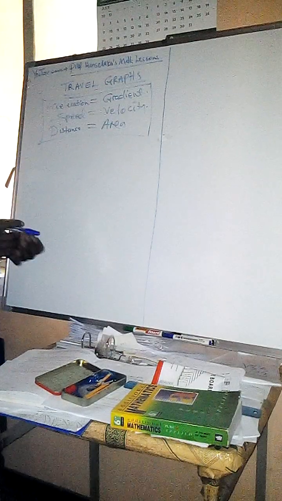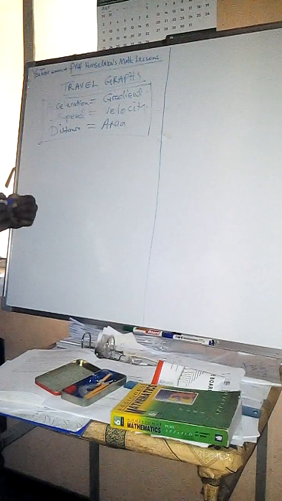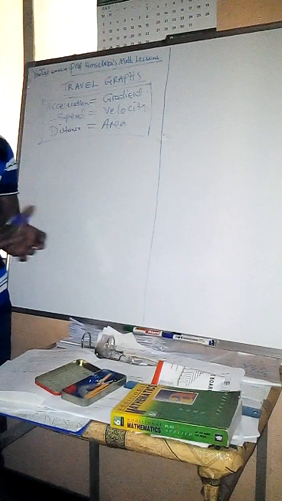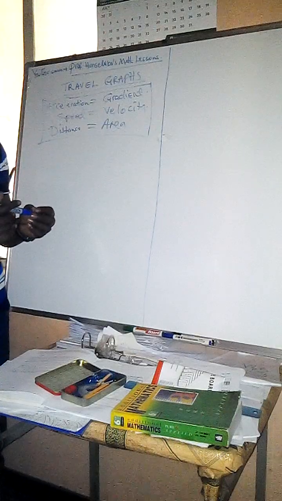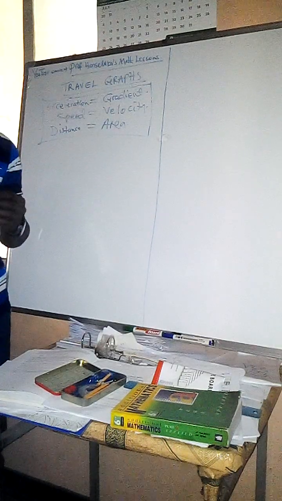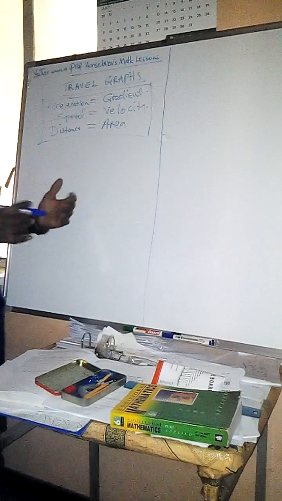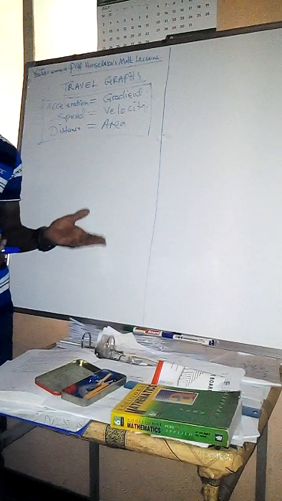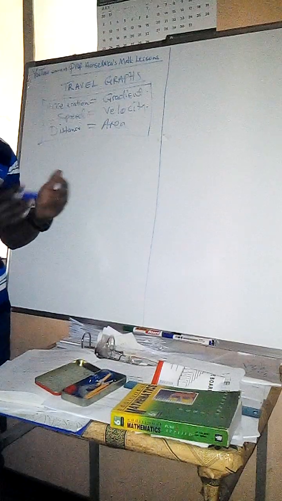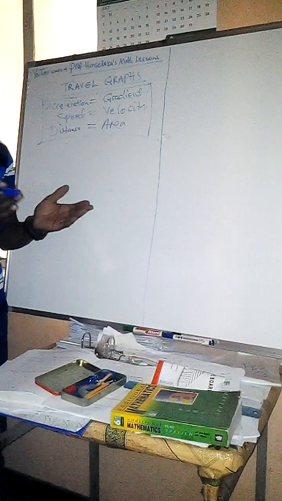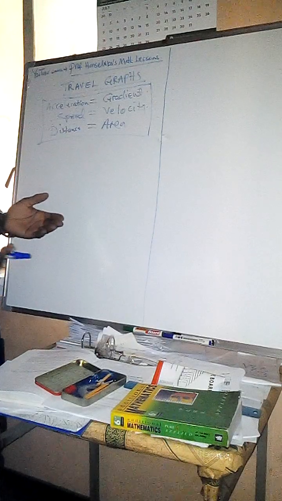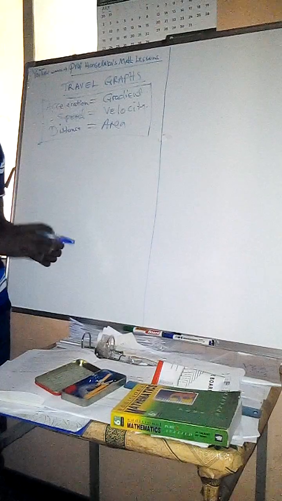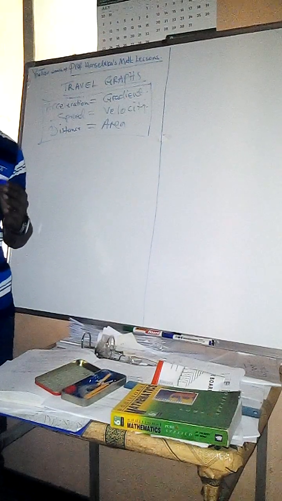Let's get started. Travel graphs: we've got quite a number of types of graphs that we'll be dealing with. For example, there's what we call a speed time graph, or at times it can be a velocity time graph, or indeed at times it can be a distance time graph.